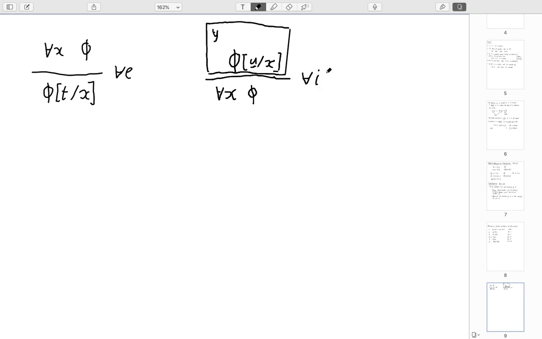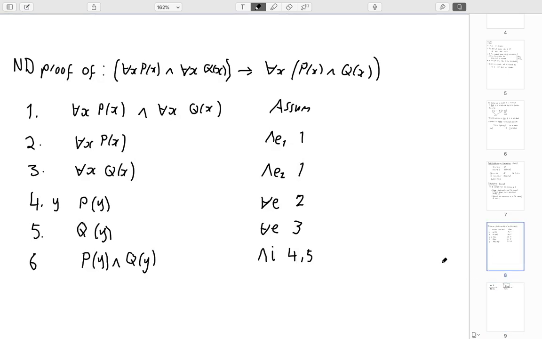And if we go back to the proof, we now see that we've proved the property px and qx with our arbitrary y substituted for x.